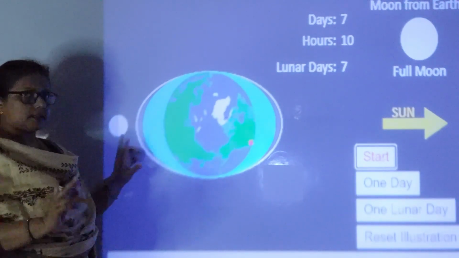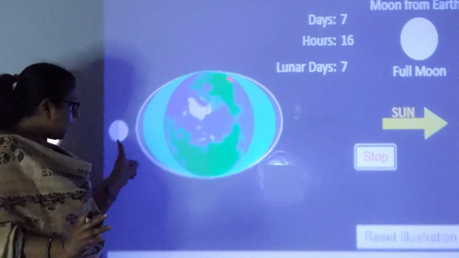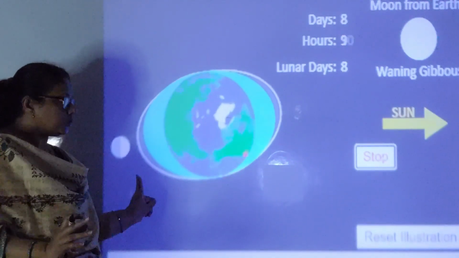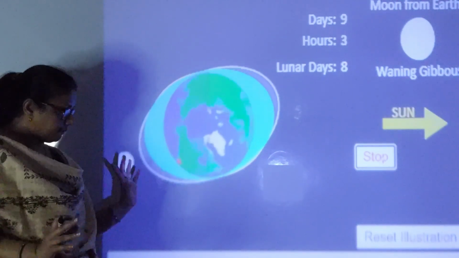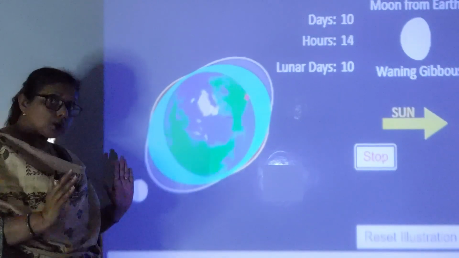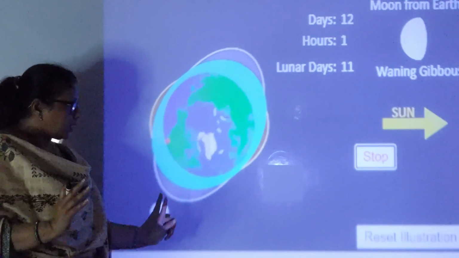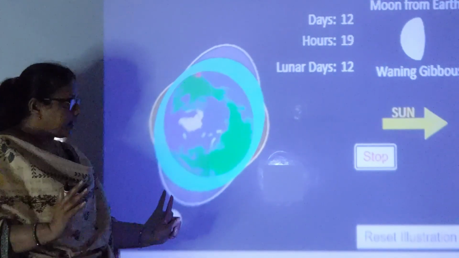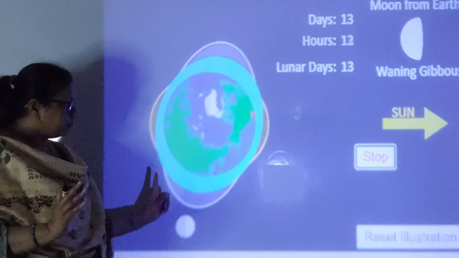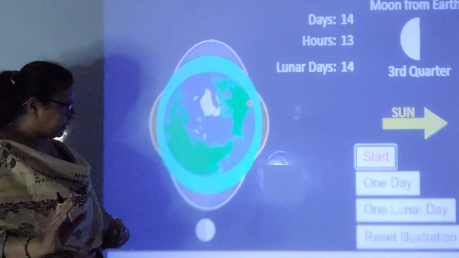Now after this, the moon again begins to move and it begins to wane. That is, after full moon, it begins to become smaller and it reaches a position where the sun, moon and the earth are again at right angle.